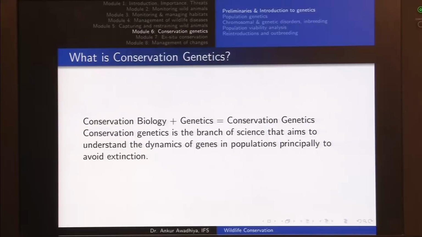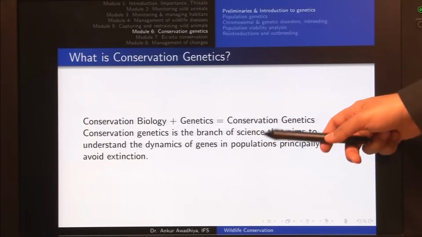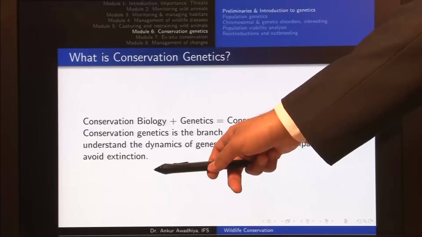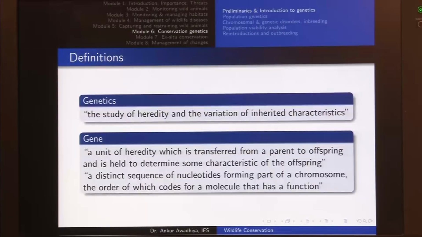So essentially we are talking about population genetics, or how genes are changing from one generation to the next in the same population. And once we understand their dynamics, we can use that knowledge to avoid extinction. So conservation genetics is the branch of science that aims to understand the dynamics of genes in populations, principally to avoid extinction. So our aim is to avoid the extinction of the population of species.